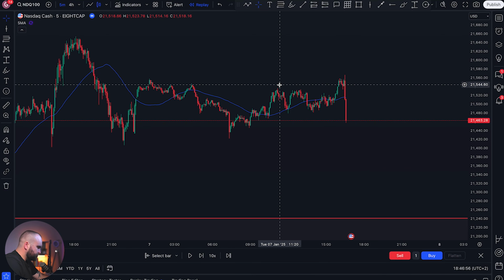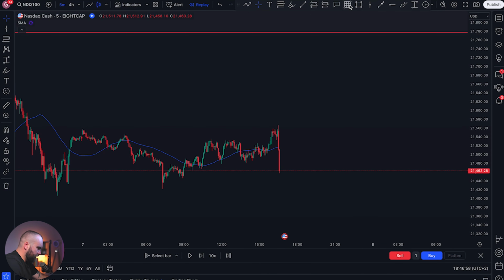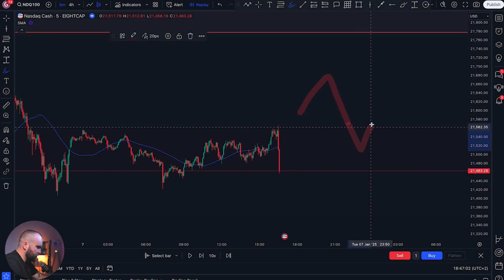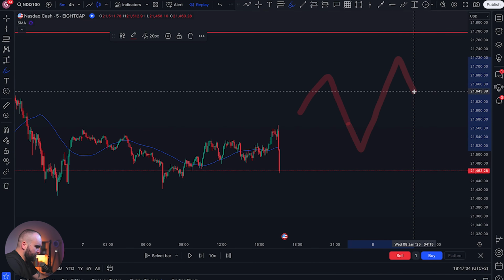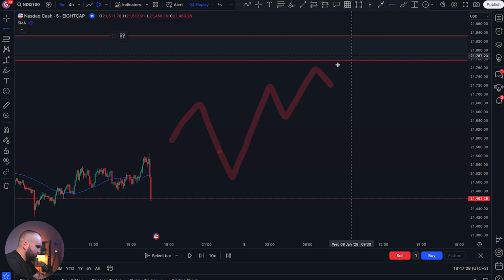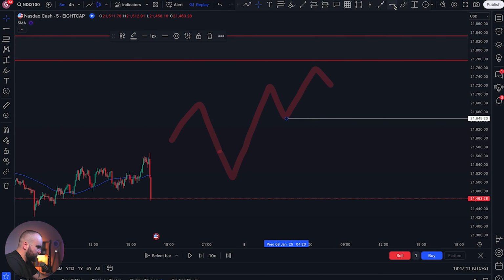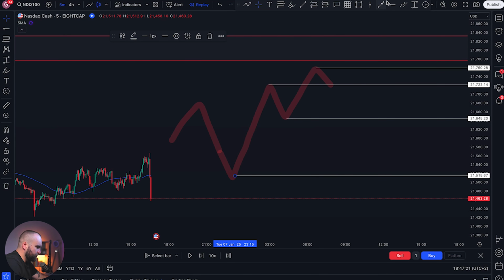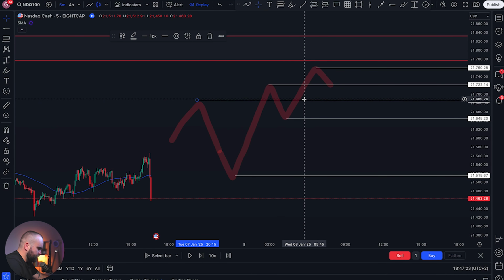So what we do, again, we're looking for areas in price where we've had significant reactions, you know, like this, and like this, all right? And what we're going to do is we're going to mark up every single reaction, like so, right, where price has shown a significant reversal or reaction from, right?